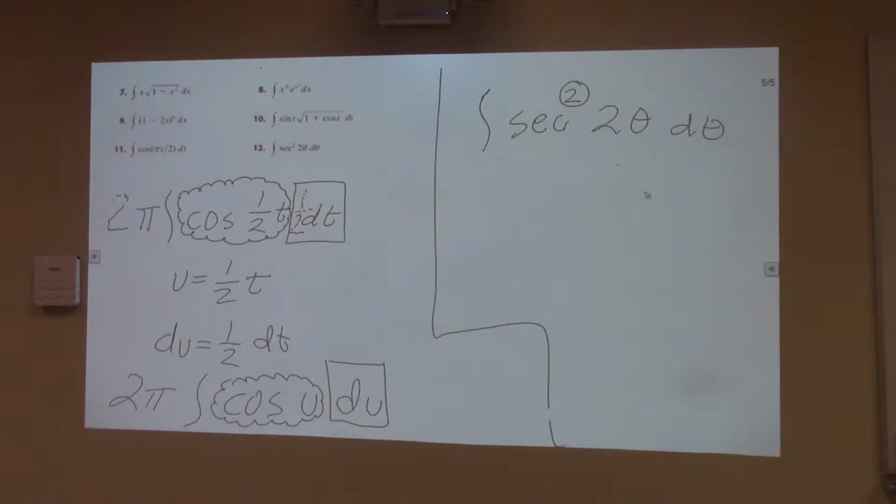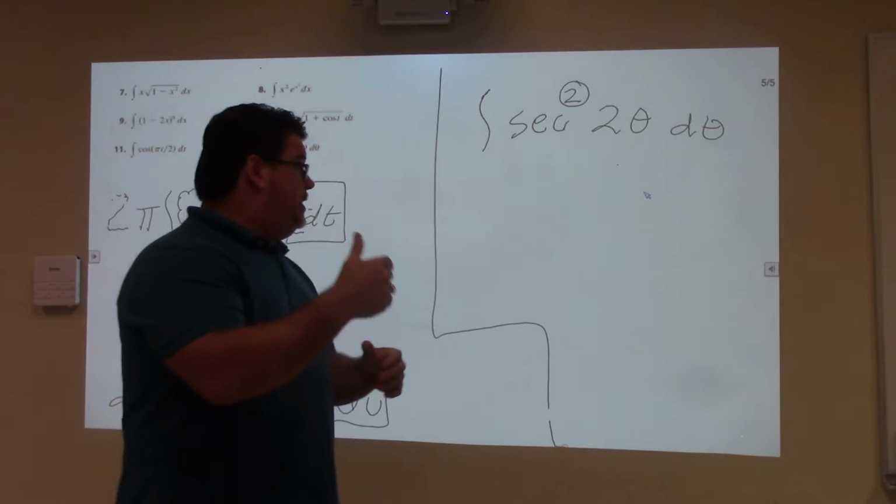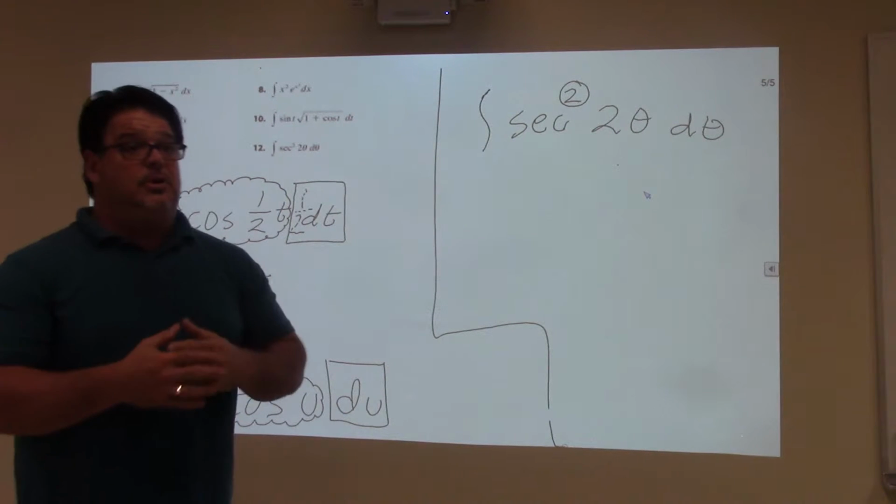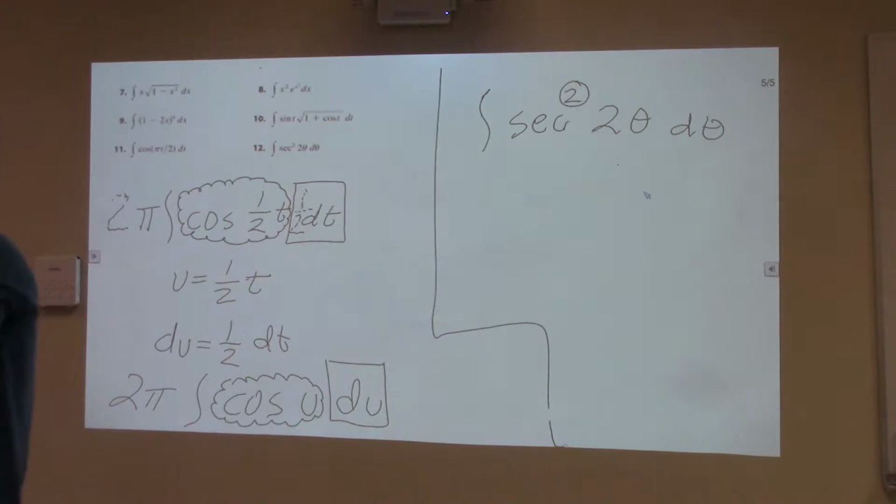So you've got to figure out a way to manipulate that secant squared. First of all, ask yourself, what is the antiderivative of secant squared? Look at the chart that I gave you a while ago. What is the antiderivative of secant squared? Hey, y'all need to know it.